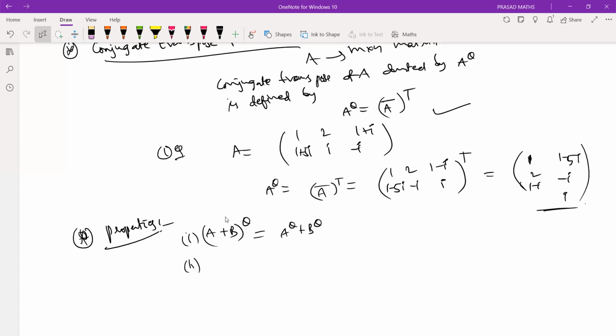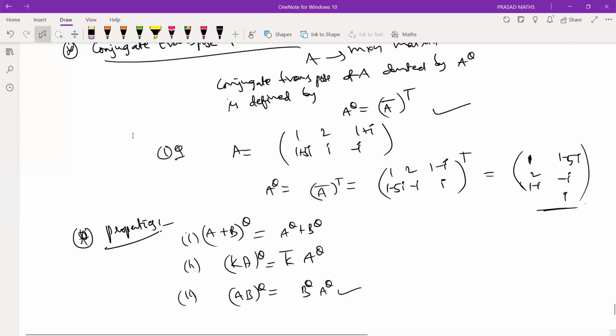Next, k A whole power theta is equal to k bar into A power theta. That means the conjugate transpose of k A is k bar into the conjugate transpose of A. Next, take A B whole power theta. That means the conjugate transpose of A B is equal to the conjugate transpose of B into the conjugate transpose of A. It's also an important property.